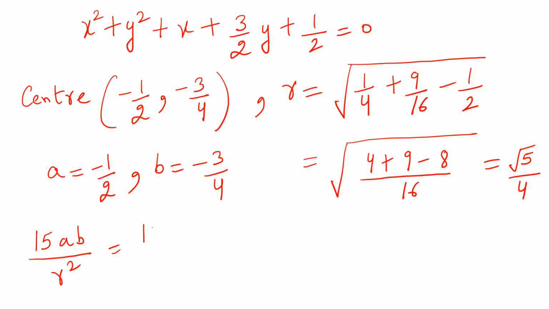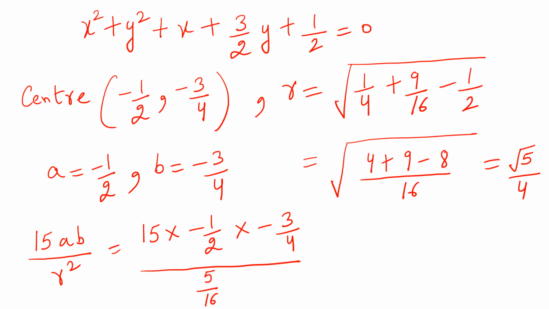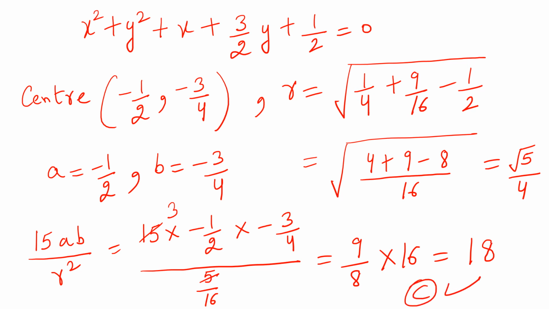So this is 15 into minus 1 upon 2 into minus 3 upon 4 whole divided upon 5 upon 16. So this becomes equal to 9 upon 8 into 16, or it is finally 90. So that means option C is the correct one.